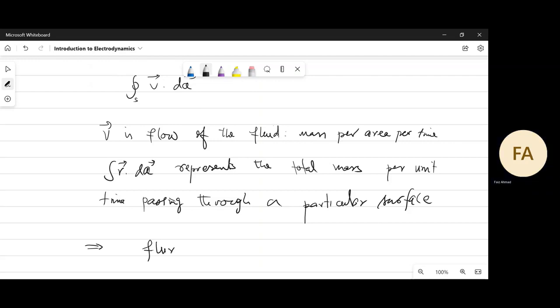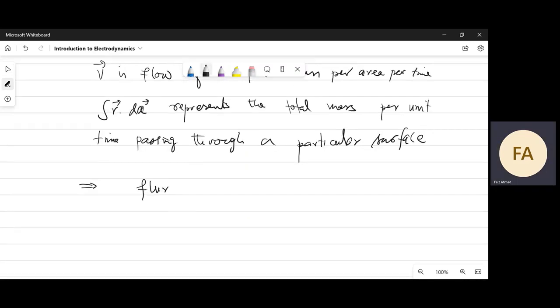Again, the surface integrals depend on the shape of the surface, as we see that if we change the surface, then the integral should change.